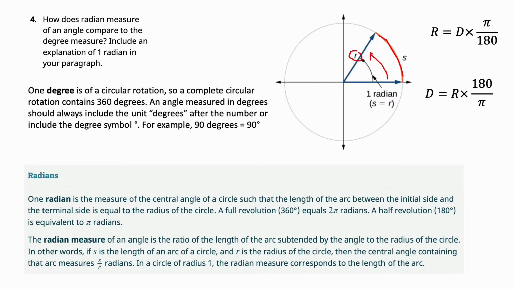Since we know that the circumference of a circle is 2 pi r, if the radius is 1, the circumference is just 2 pi, which is how much it would go through to go all the way around. We know that was 360 degrees. So you know that 2 pi radians is equal to 360. Divide these out so you get pi is equal to 180.